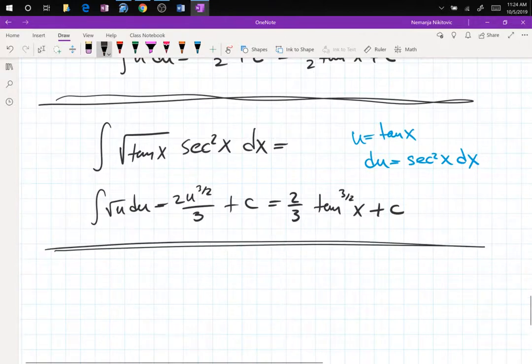So both of these problems, guys, are Calculus 1, Section 5.5 problems. So that's right. Let's do Calc 2.